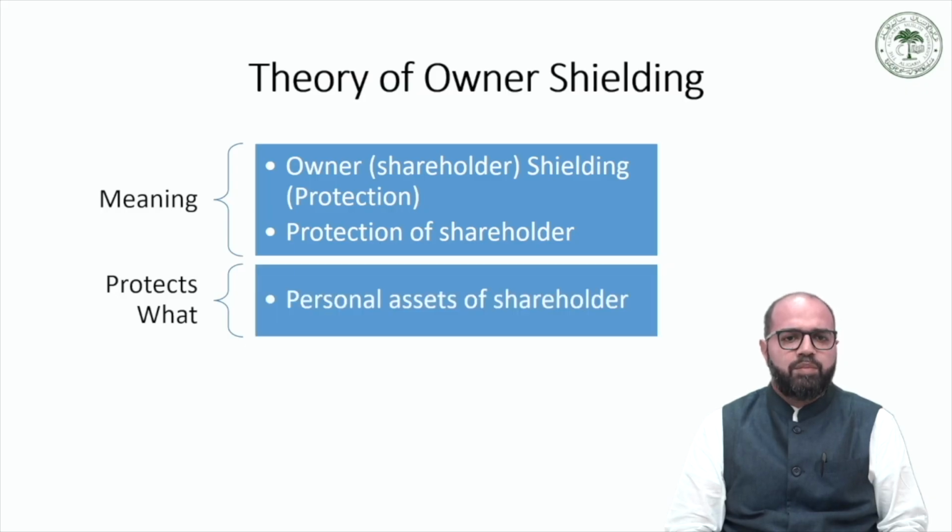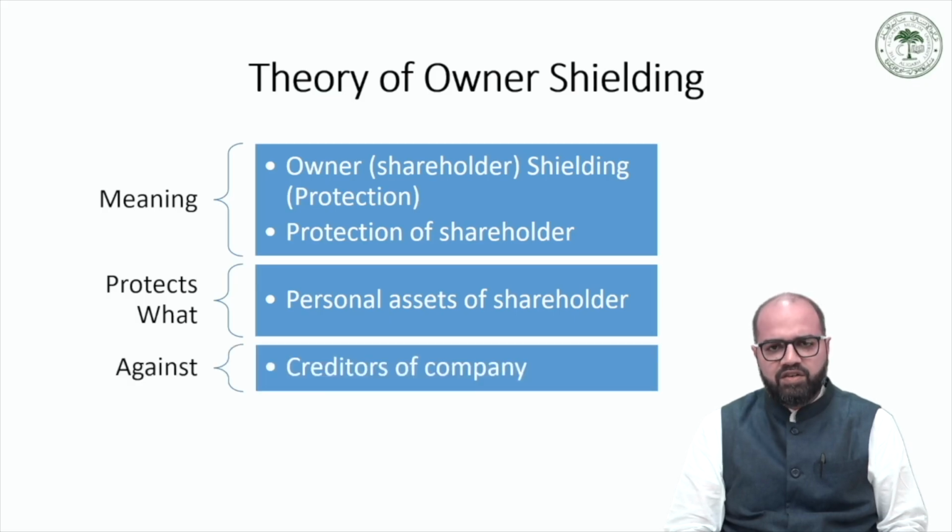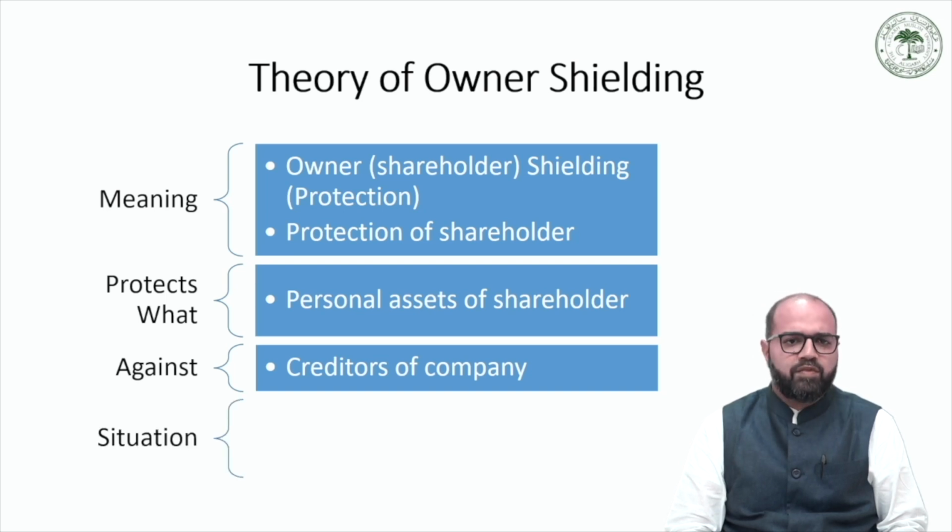It protects the personal assets of the shareholders against the creditors of a company. So it restricts the claim of the company's creditors to the assets of the company only. So it denies the company's creditors from laying a claim to the shareholders' personal assets.